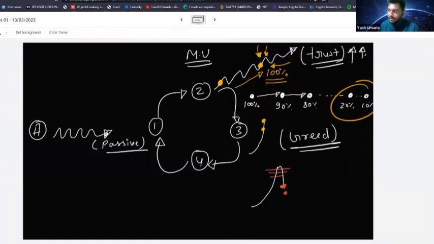Why are they selling? Because now the market is moving down and they will become more and more panicked. Because of that, the fourth phase will start, which is markdown, and the market will drop. And this is a phase of panic.